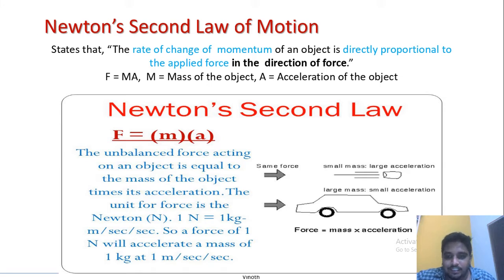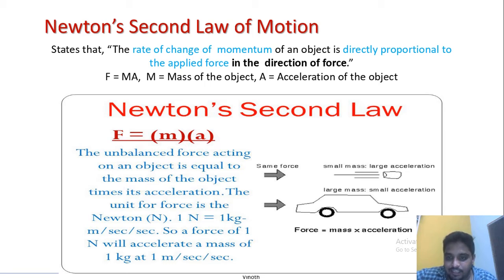If we see this example, the unbalanced force acting on an object is equal to the mass of the object times its acceleration. See here in this example, the same force applied on a small mass, the acceleration is fast, right?